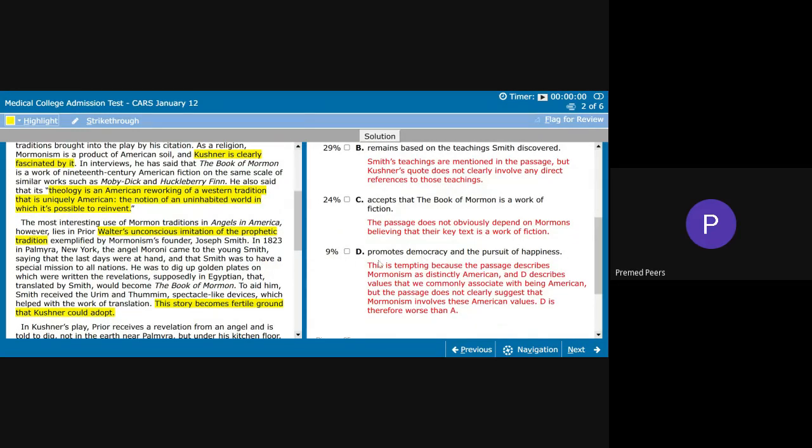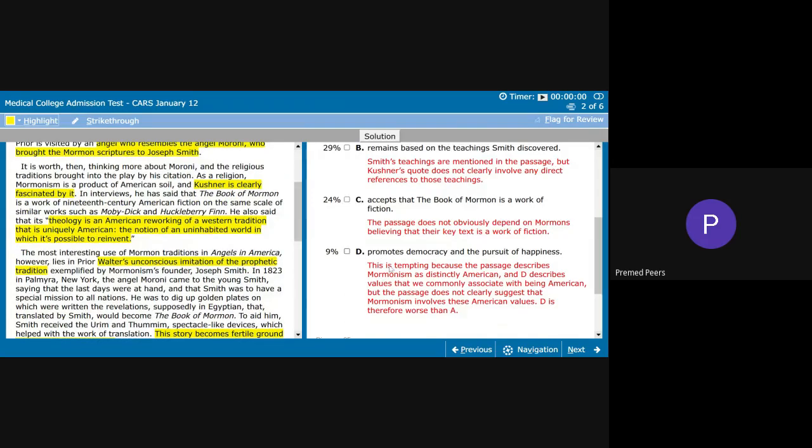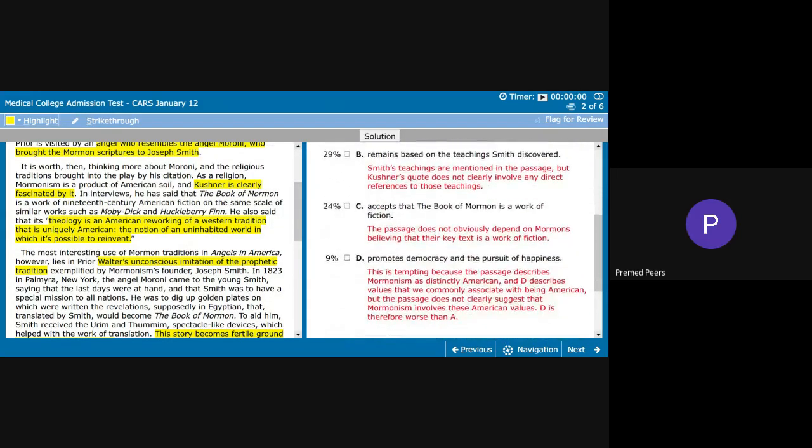And for D, this is a bit of an overreach. Some people, if they grew up in America, might automatically associate this statement of democracy and pursuit of happiness with that sentence. So I think this is a bit of a distractor, but a pretty obvious one.